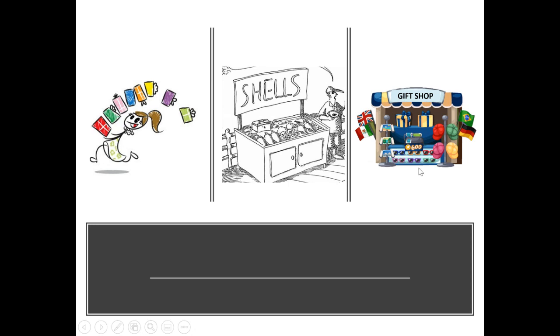And here we have another gift shop where you can buy things to help you remember where you were visiting. So how are all these pictures the same or similar? Well, they all show souvenirs or gifts.